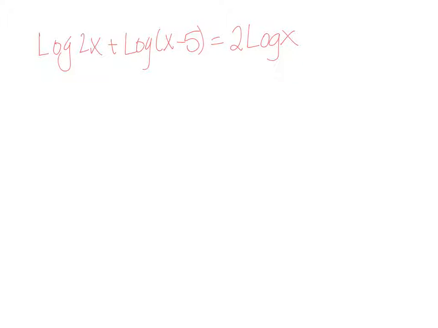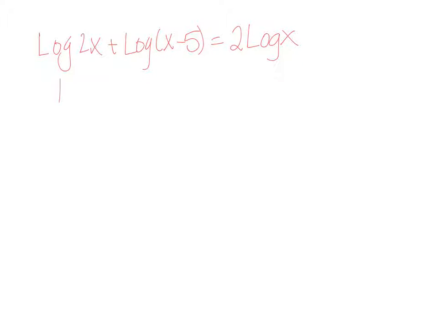Let's do one more example. The log of 2x plus the log of x minus 5 equals 2 times the log of x. So in this case, I have logs on both sides. Once I condense both sides, then I can set what's inside equal to each other.